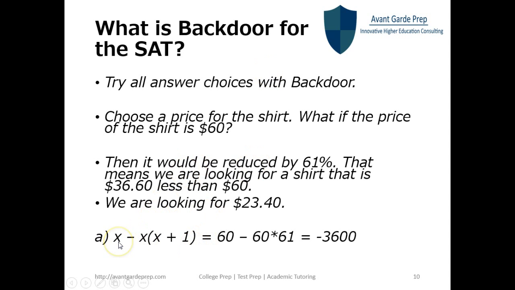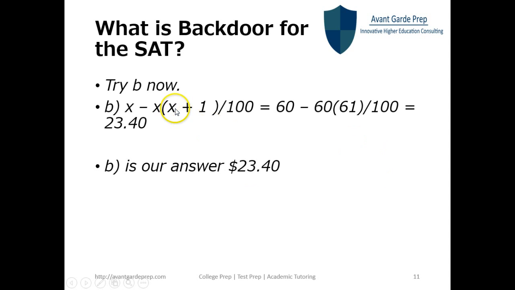If we take 60 and put it in place of x, we'll see that it's 60 minus 60 times 61. This is going to give us a negative number, and that means that they basically give us the shirt for free. So we know this is not the right answer. Our next choice is B. B is x minus x times x plus 1 divided by 100.